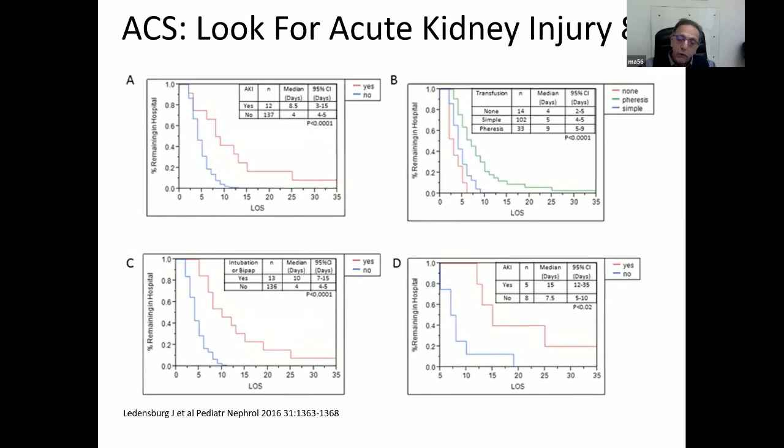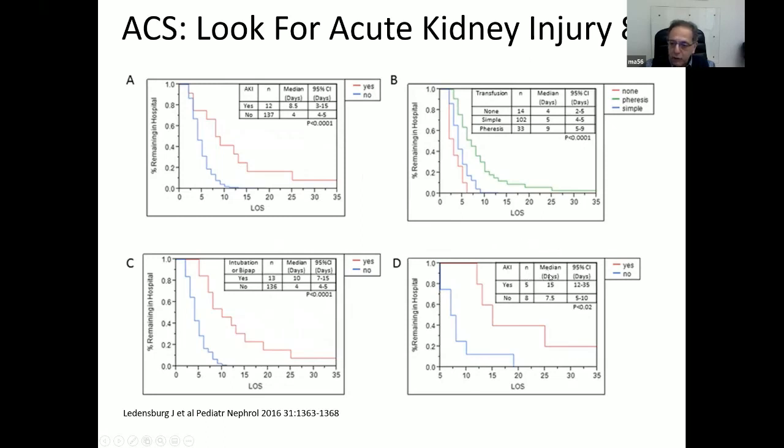I want to talk here about the kidney disease in sickle cell patients, which is significant and can end up in end-stage renal failure, but also in patients with acute chest syndrome, many of them ended up with acute kidney injury. And the longer they stay in the hospital, the higher the rate of acute kidney injury.